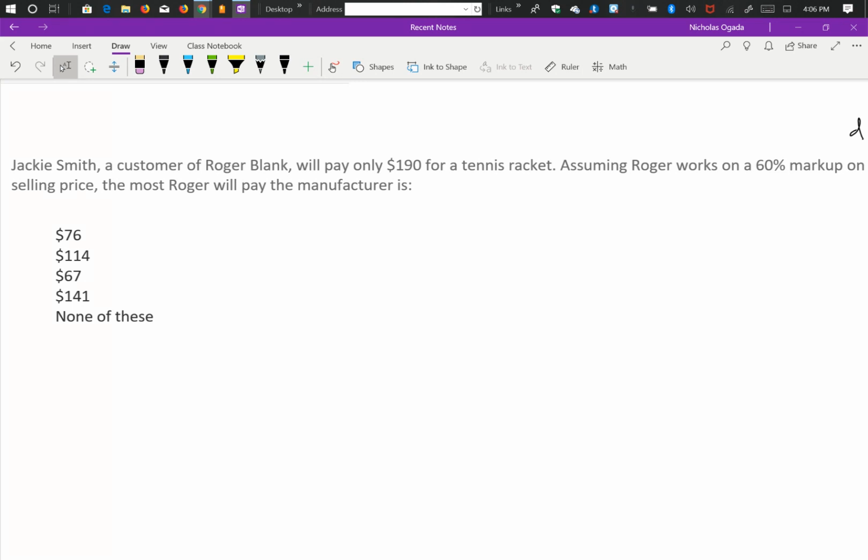So again, what we're trying to say is our basic selling formula: we know that the selling price of the item is equivalent to the cost of the item plus, of course, the markup.